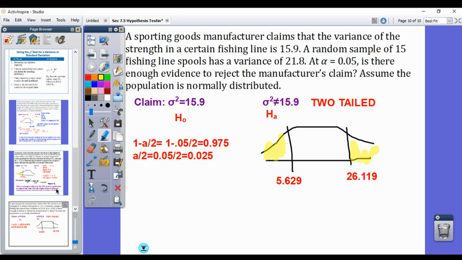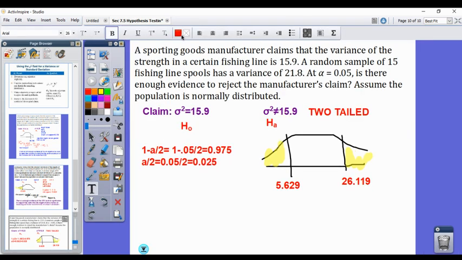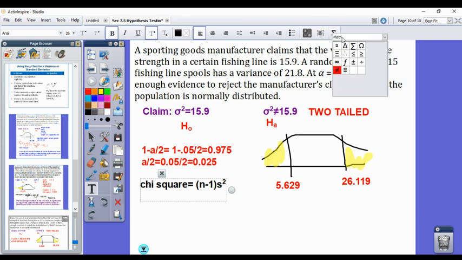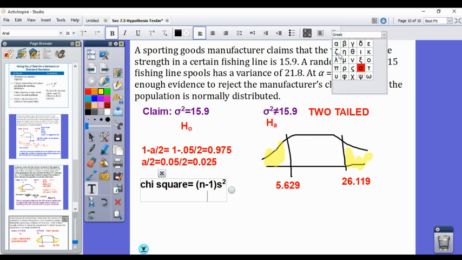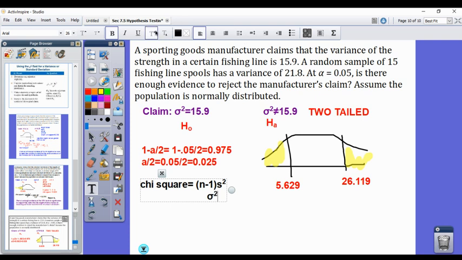Okay, so now let's go ahead and do the formula. I think I'm going to try to type it again because that worked so well last time. So chi-squared equals n minus 1 times s squared over sigma squared.